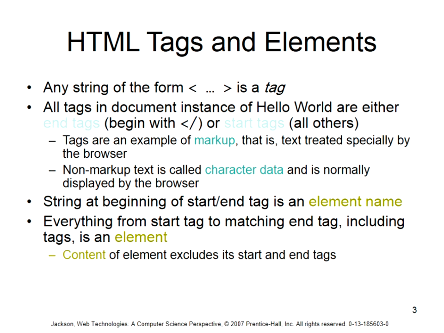Very good. So HTML tags and elements. Any string of the form like this is a tag. So can you give me an example of a tag? P, for example.